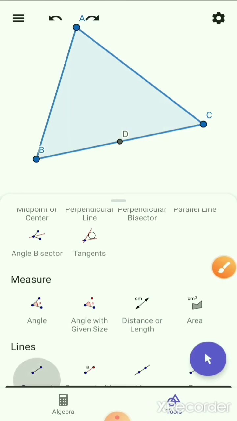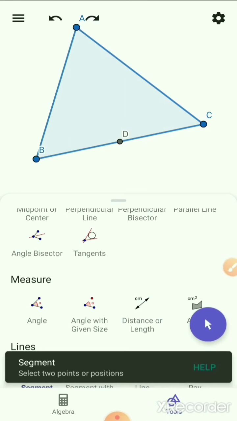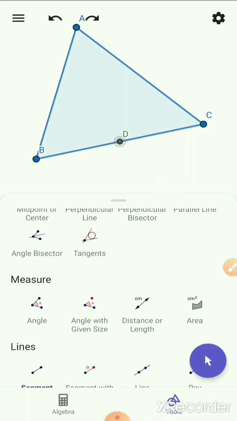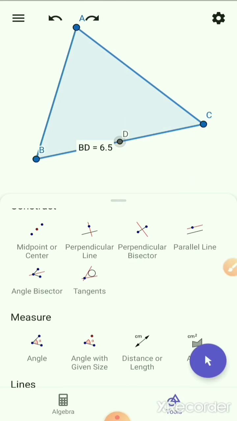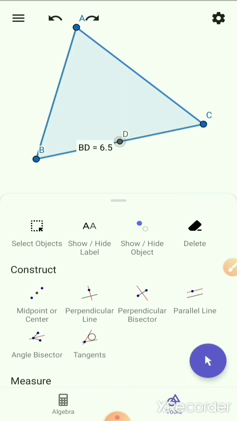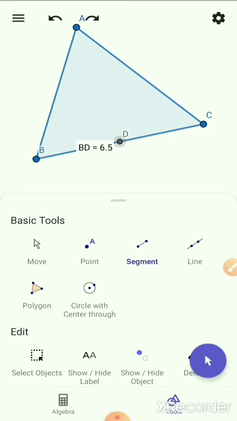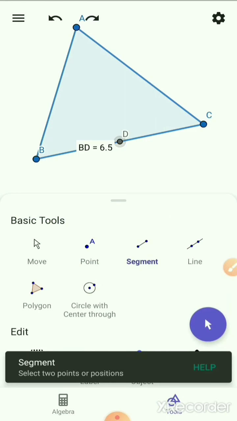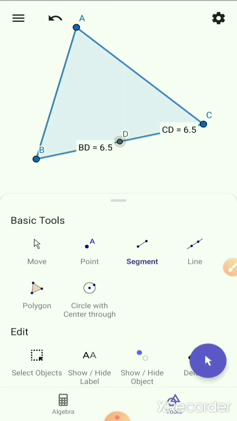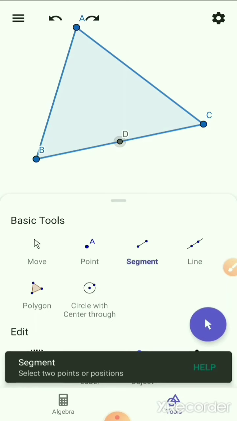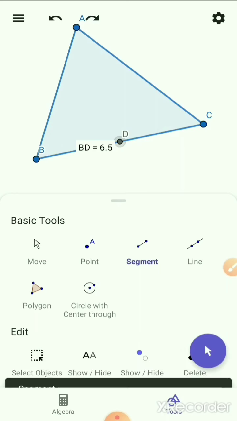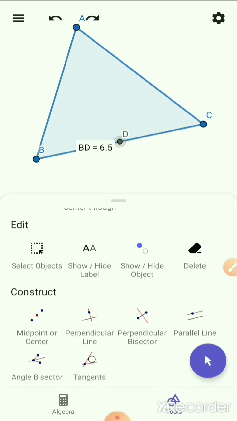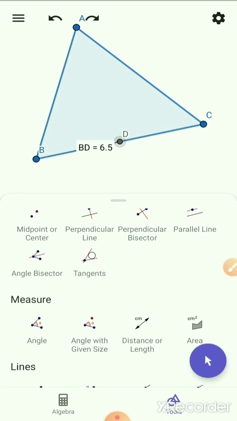If I join this midpoint and the opposite vertex, then it would be a median.